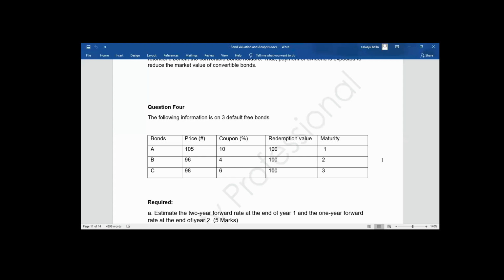Technically, the spot rate is our discount rate. Let me explain that briefly.